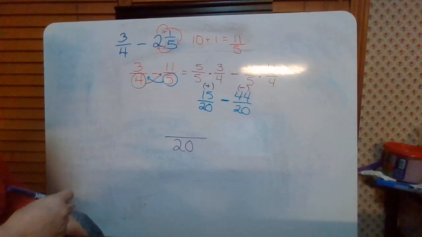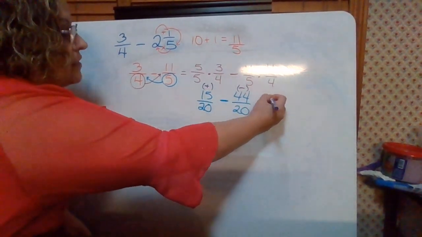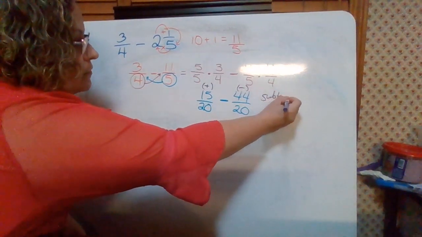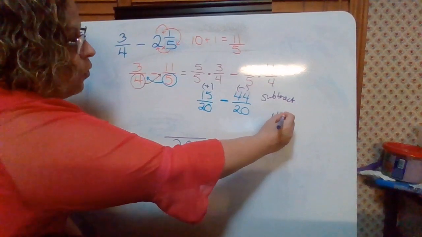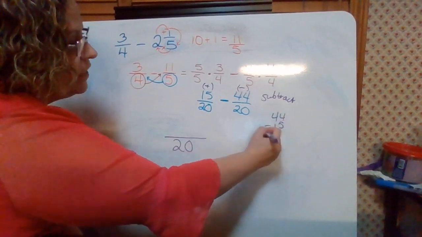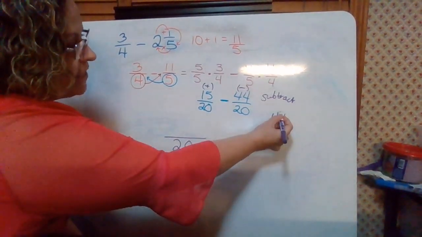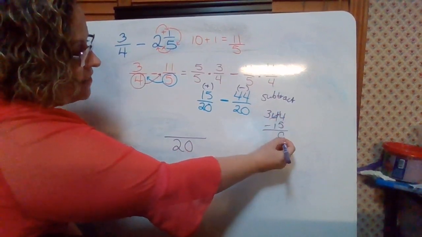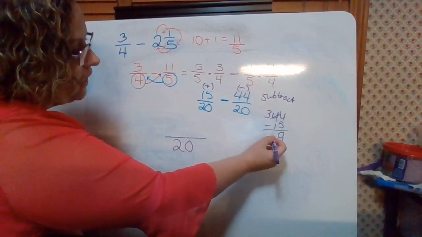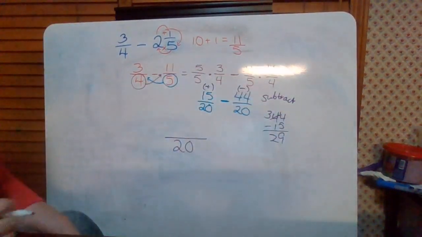My signs are different, so I have to subtract. So I'm going to do 44 minus 15. That's a 14, that becomes a 3. 14 minus 5 is 9, 3 minus 1 is 2.